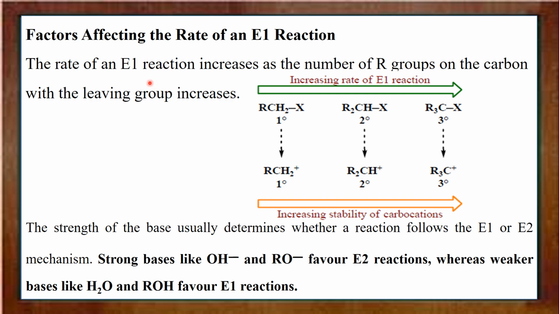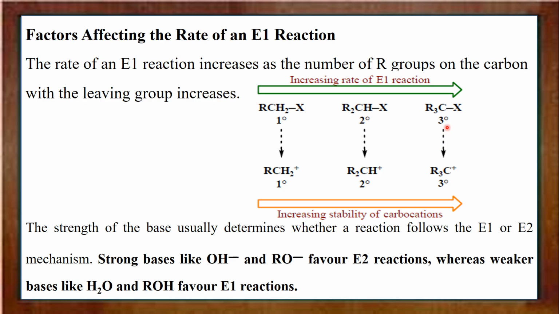Another factor that influences the rate of the first step is the number of alkyl groups connected to the alpha carbon, the carbon bearing the nucleophilic leaving group. If there are more alkyl groups connected to the carbon bearing the leaving group, it undergoes ionization at a very fast rate.